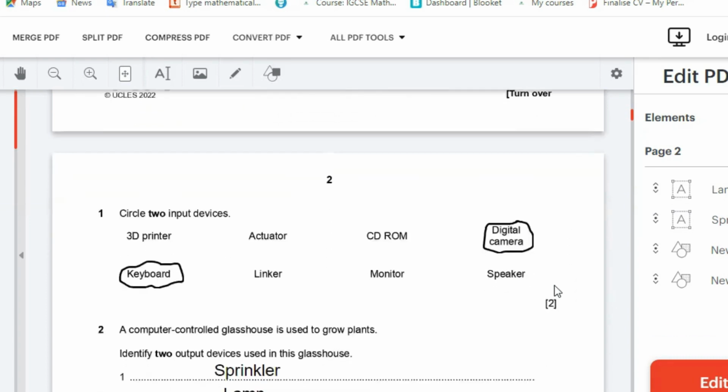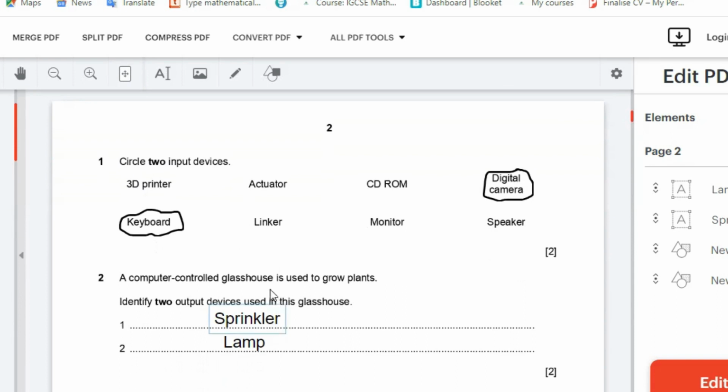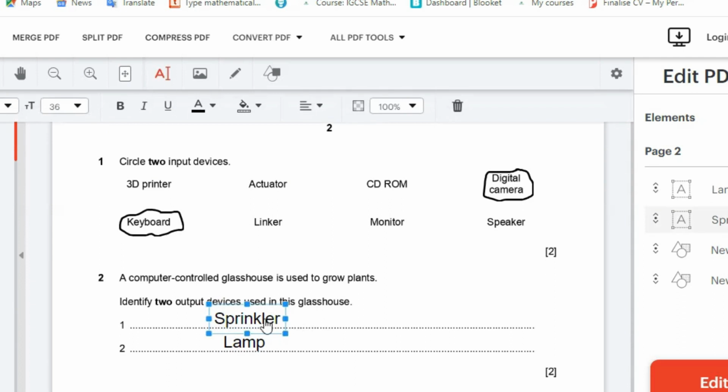So question number 2 says, a computer controlled glass house is used to grow plants. Identify 2 output devices used in this glass house. One of the output devices is a sprinkler. A sprinkler is used where we grow plants. Also, we have a lamp.